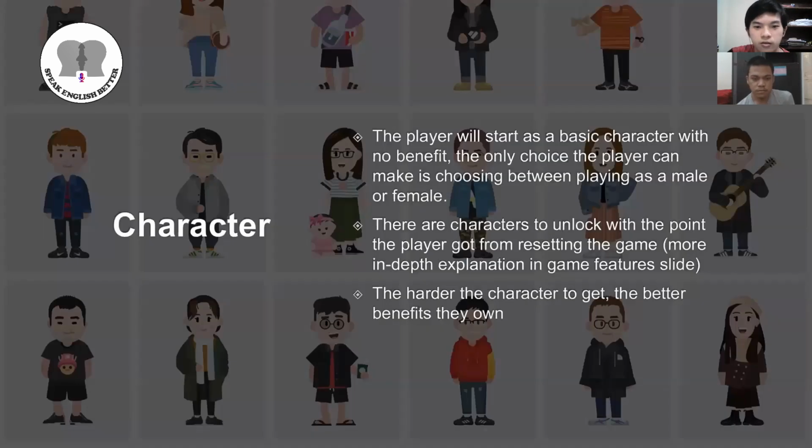Okay. Character. The player will start as a basic character with no benefit. The only choice the player can make is choosing between playing as a male or female. There are characters to unlock with the points the player gets from resetting the game.